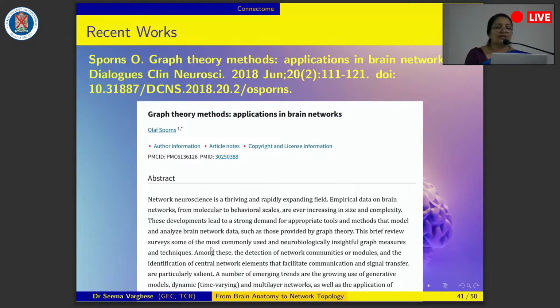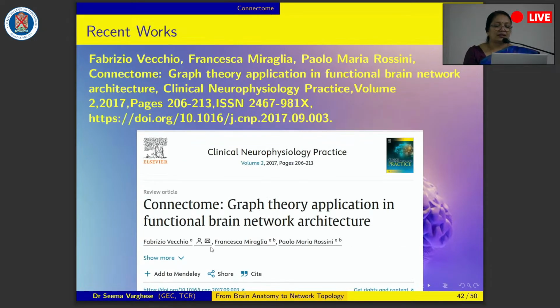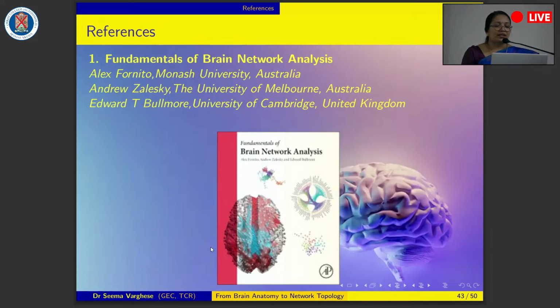Now this was the first... Sporns was the first person to introduce graph theory into neuroscience, and this is a very important paper by Sporns, which came out in 2018. And this is also one. All these are in neurophysiology journals, not in mathematical journals. These are my references. This is a very good book which is written in terms of graph theory.